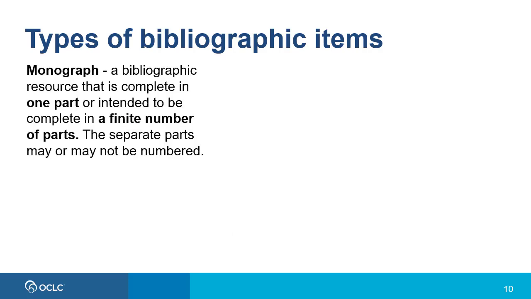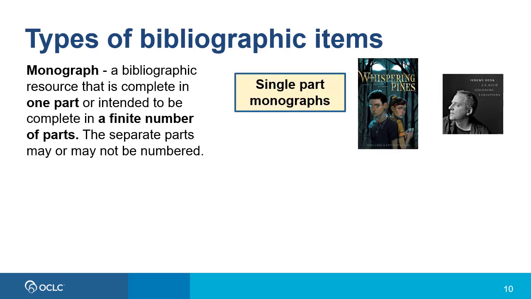WMS libraries will have local holdings records for all types of bibliographic items, both monographs and serials, at least for physical resources. LHRs for monographs can be single-part items or multi-part items. So these are some examples of single-part monographs. It could be an individual book or a resource in any format that is complete in one volume or one part.